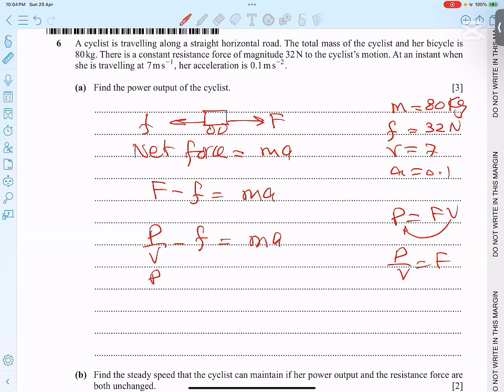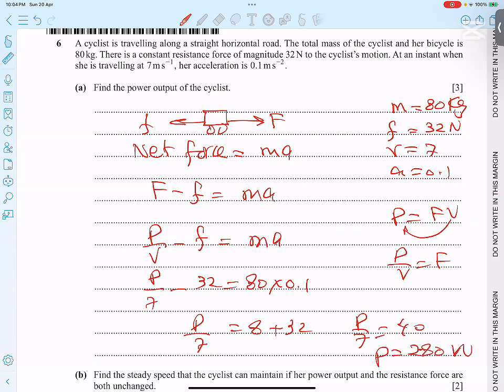Plug in the values. V is 7, friction force is 32, mass 80, acceleration 0.1. So 8 and 32 adds, I got 40. So P by 7 equal to 40, and power becomes 280 watt.